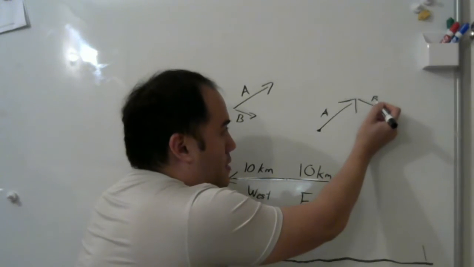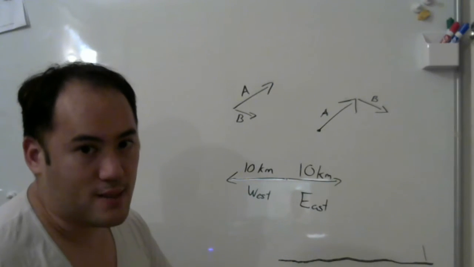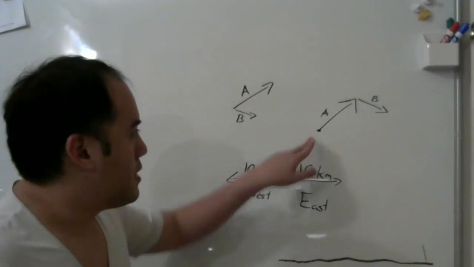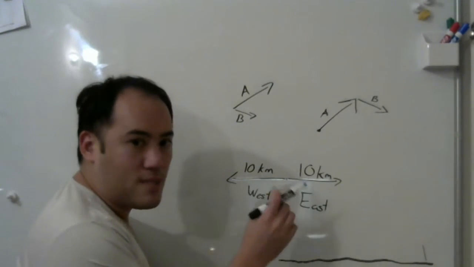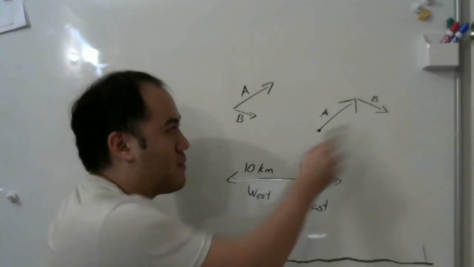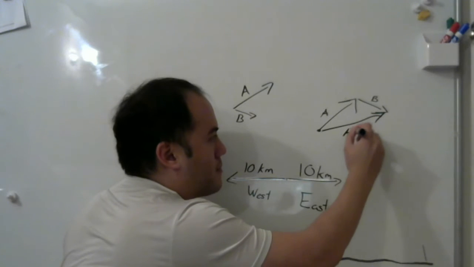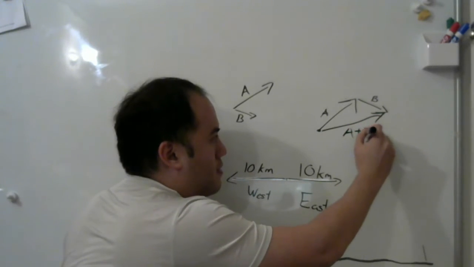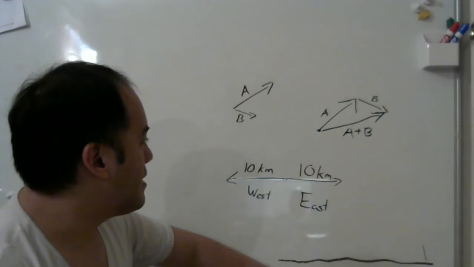That's vector B. It's easiest to think of this as displacement, but this also works for velocity vectors and any kind of vector too. This is A, this is B. Displacement is where your ending point is from your starting point. This is vector A plus B. This method is known as the head-to-tail method.